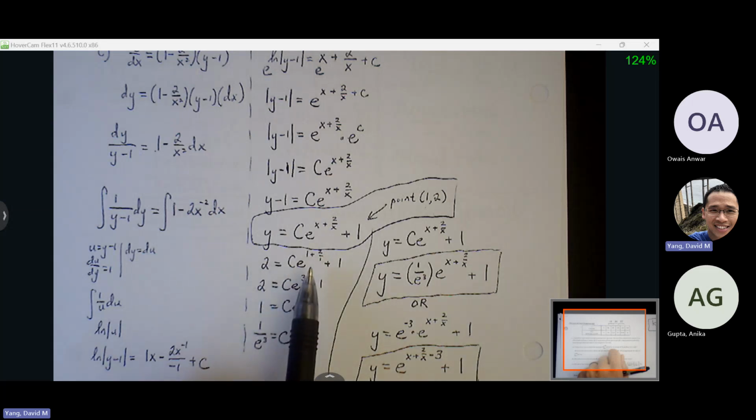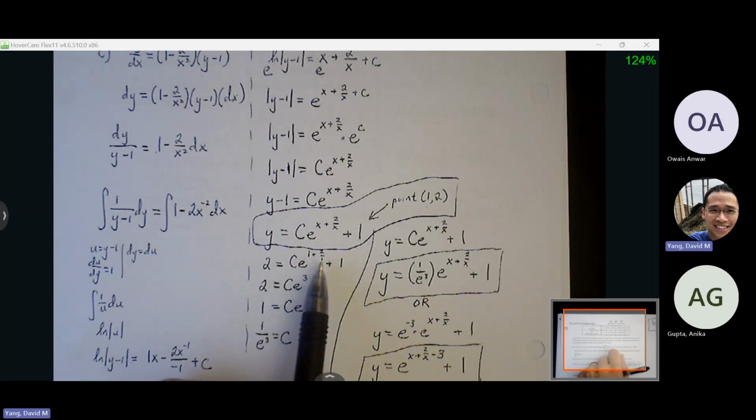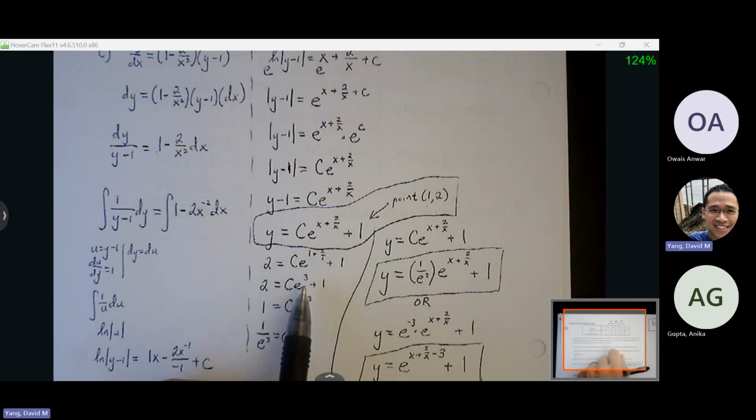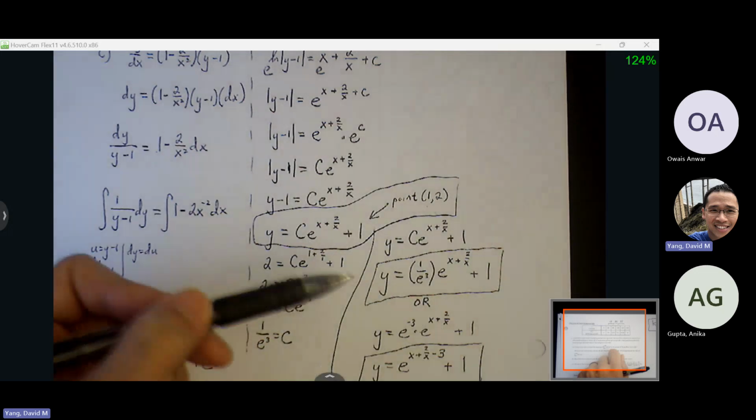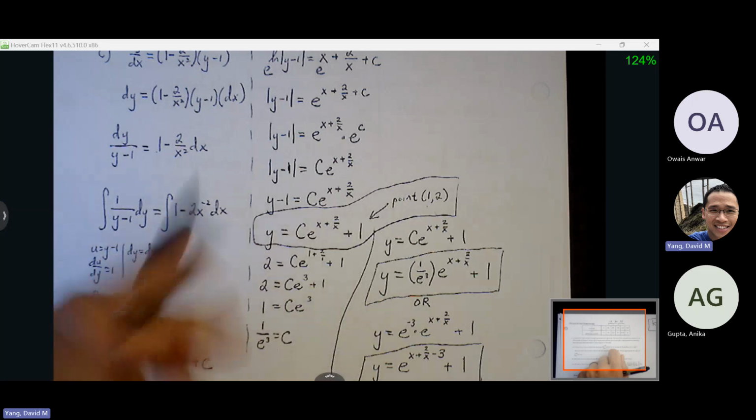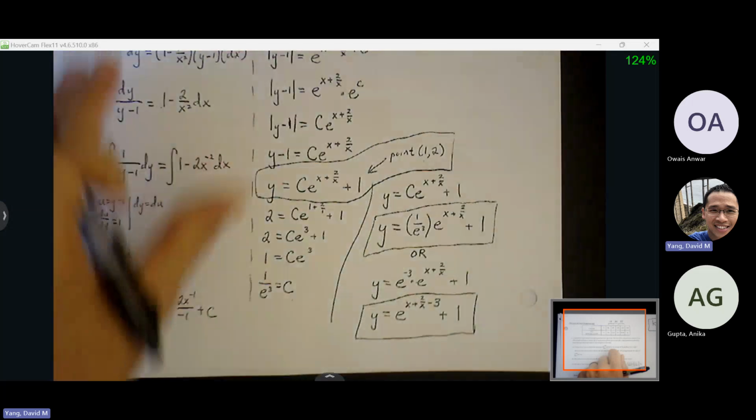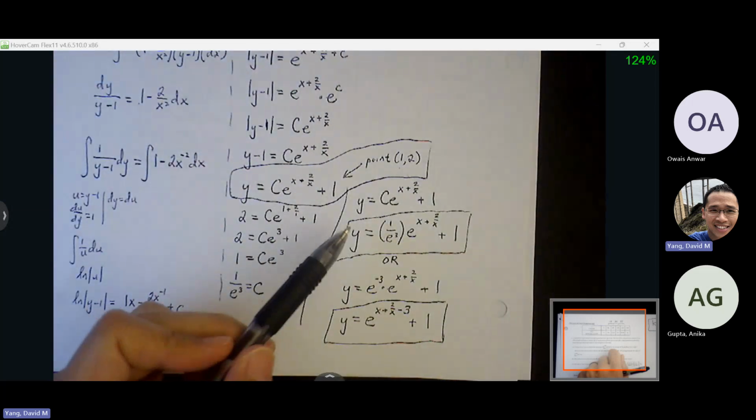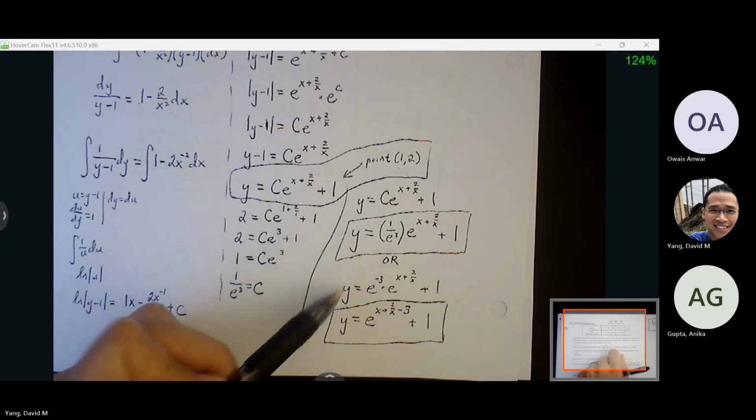So 2 replaces y, 1 replaces x, e to the 3rd power. Subtract 1 from both sides, divide both sides by e cubed. So c is equal to 1 over e cubed. Once I have my c value, put it back into my general equation. So any of these variations are fine at the end, as long as we involve 1 over e cubed somehow.